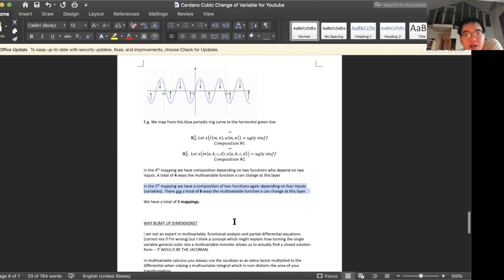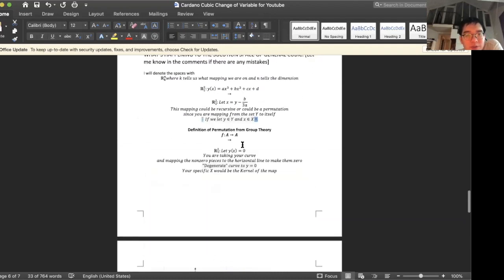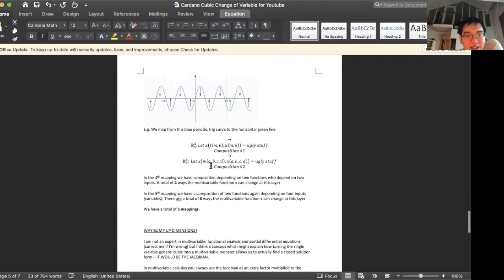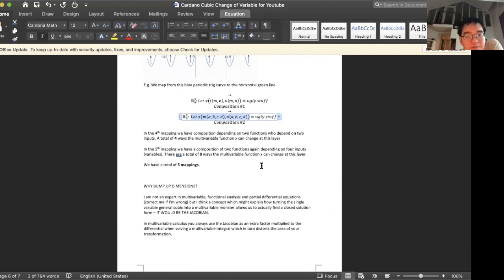So a thing you might be wondering out of curiosity is how, in order to solve the general cubic equation, this guy, which is a single variable function, we had to end up turning it into this multivariable function. And I'm no expert in multivariable calculus or functional analysis or partial differential equations, but from what I've read up, a reason I think why we end up bumping up a dimension and actually getting a closed solution has to do with the Jacobian.